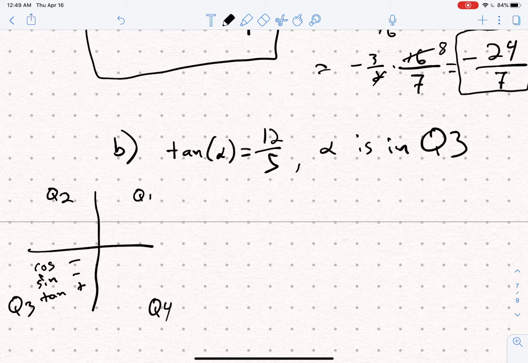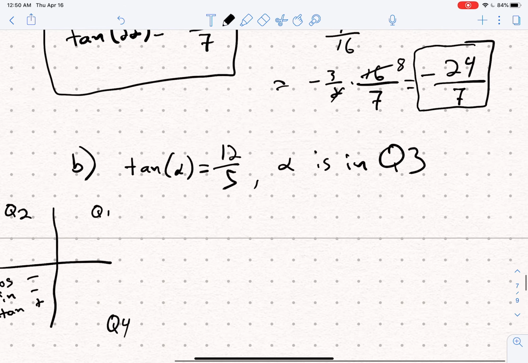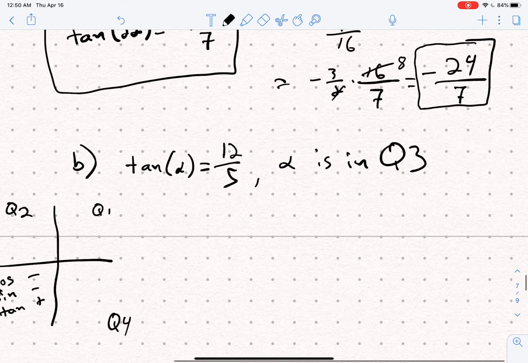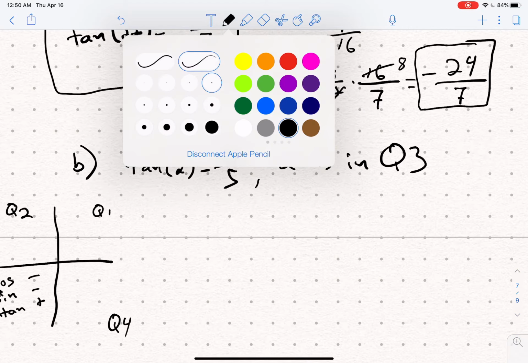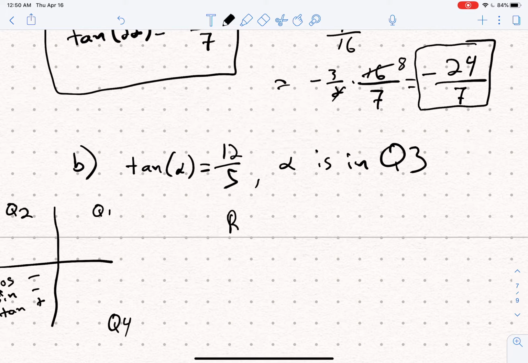One of the many trig identities that you guys may or may not remember, there are some trig identities I expect everyone to remember, like sine squared plus cosine squared equals 1. But there's a similar one that involves tangent squared, and if you don't remember it, I'll tell you what it is. So this is a recall.